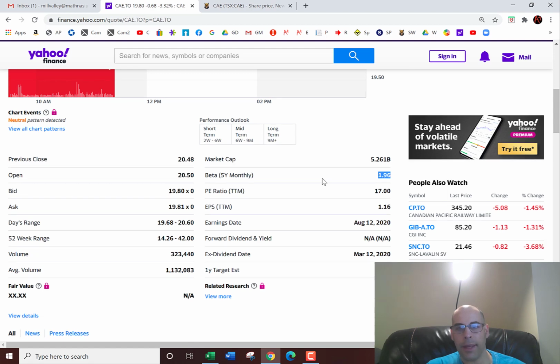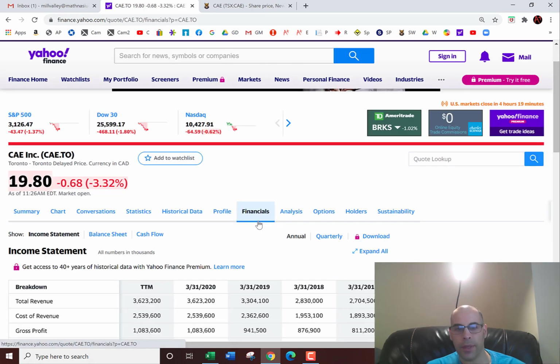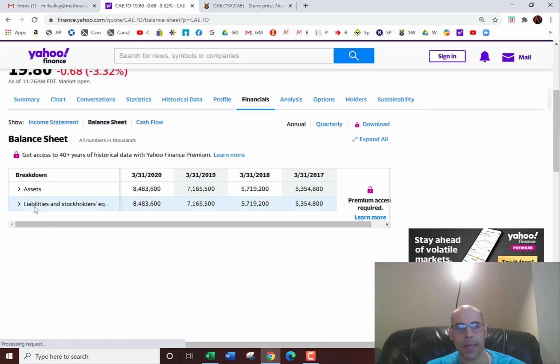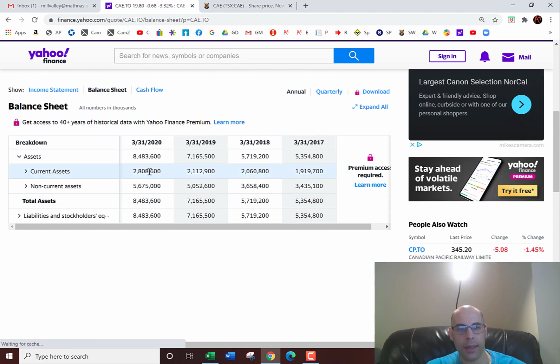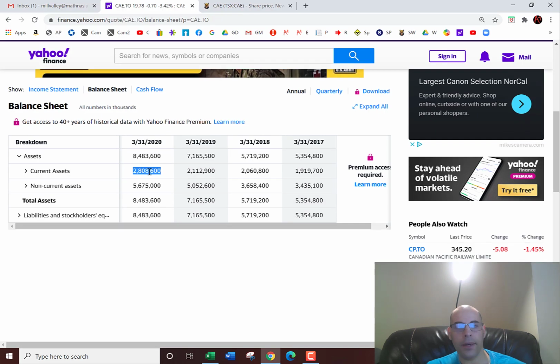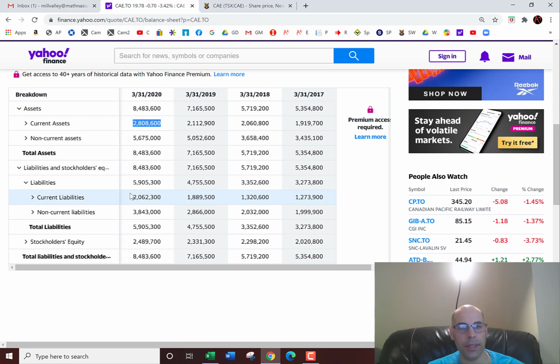Let's go back to the balance sheet because we need some more information for when we look at the ratios later. Let's get their current assets. These are mainly cash, accounts receivables, and inventory. And that's $2.8 billion. And let's get their current liabilities. These are debts and payables, which are due within 12 months.